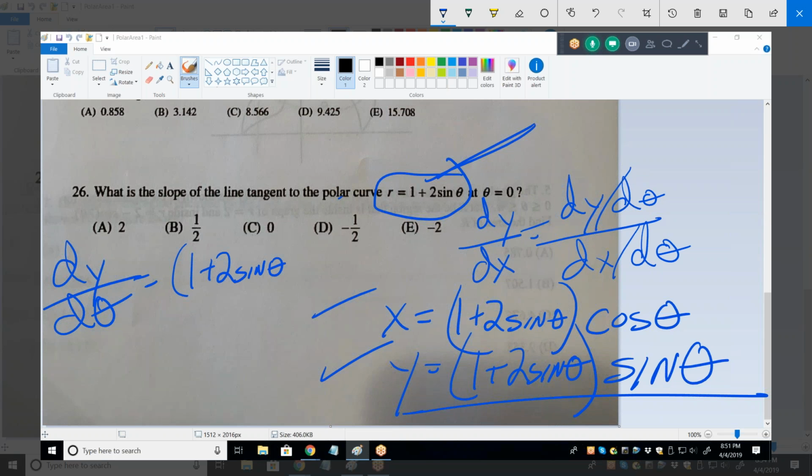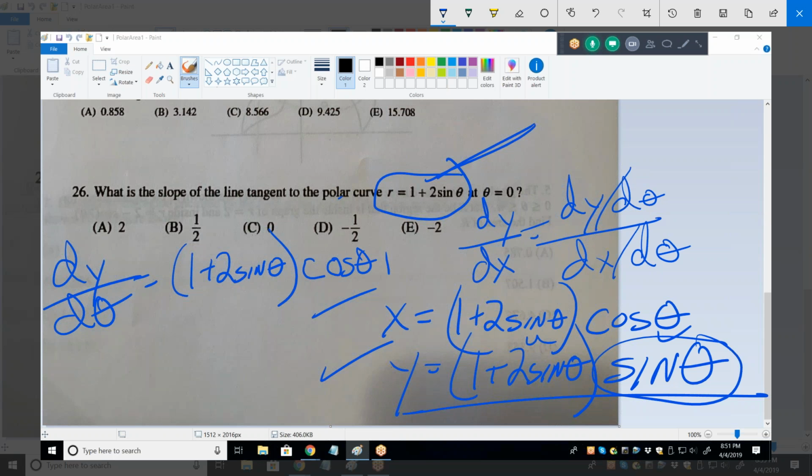What's the v? Well, the v is sine theta, right? This was u, this is v, and then we're taking v prime, so times cosine theta.